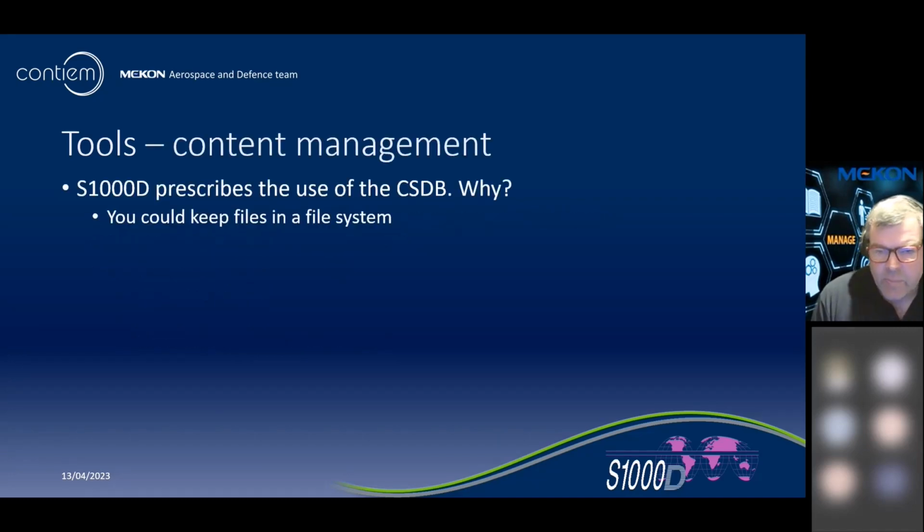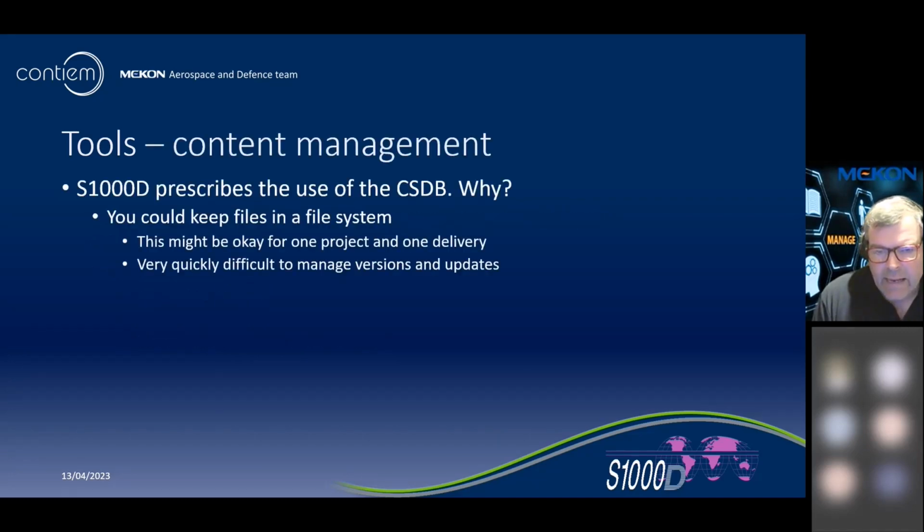So the CSTB, yeah, we could use a file system. I think you will find with anything but the smallest of projects, and when I say a small project, I'm talking about maybe a third-party manufacturer that's producing a component for a tier 2 or a tier 1 manufacturer, and therefore they've only got a tiny bit of documentation to do just for their component.